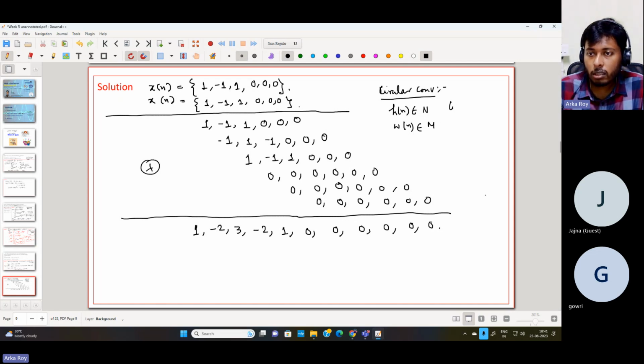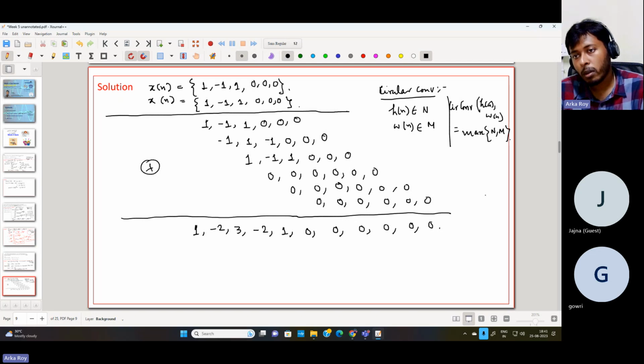So if I do the circular convolution between hn and wn, then the output will have max of n comma m, that means this many samples will be present in the output of the circular convolution.